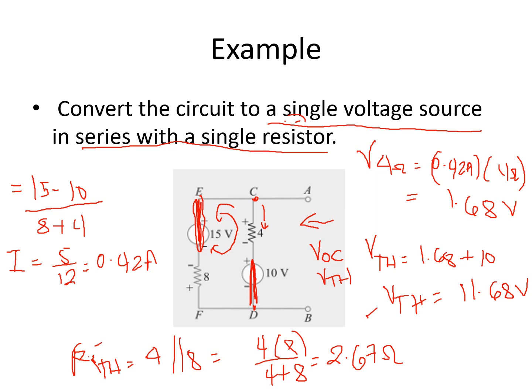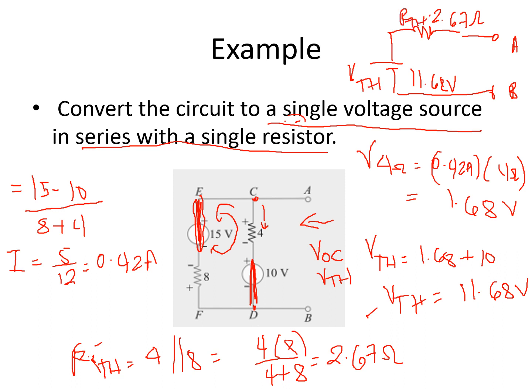We are going to convert now the circuit. So the Thevenin circuit now is equivalent to your VTH, which is equal to 11.68 volts, in series with your RTH, which is 2.67 ohms, and this is your terminal A and B. This circuit here that was composed of two sources and two resistors was converted or simplified into a single voltage source in series with a single resistance.